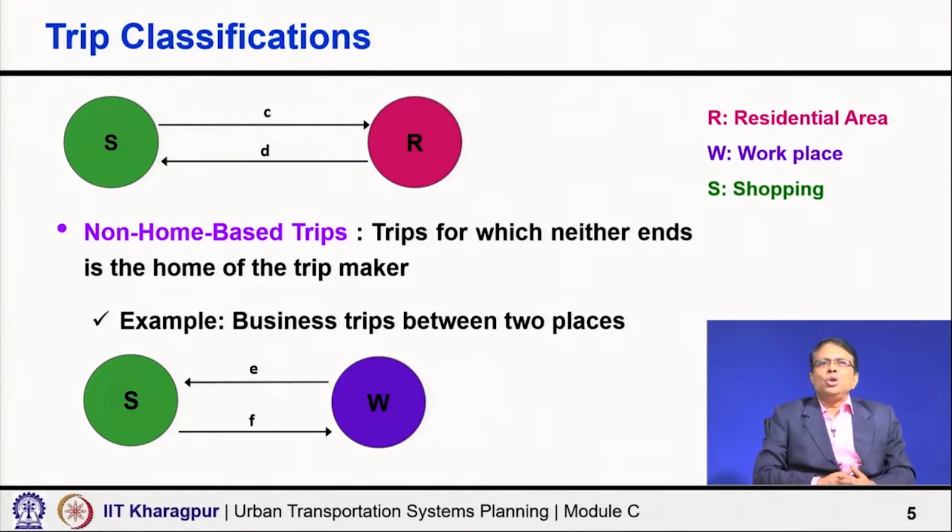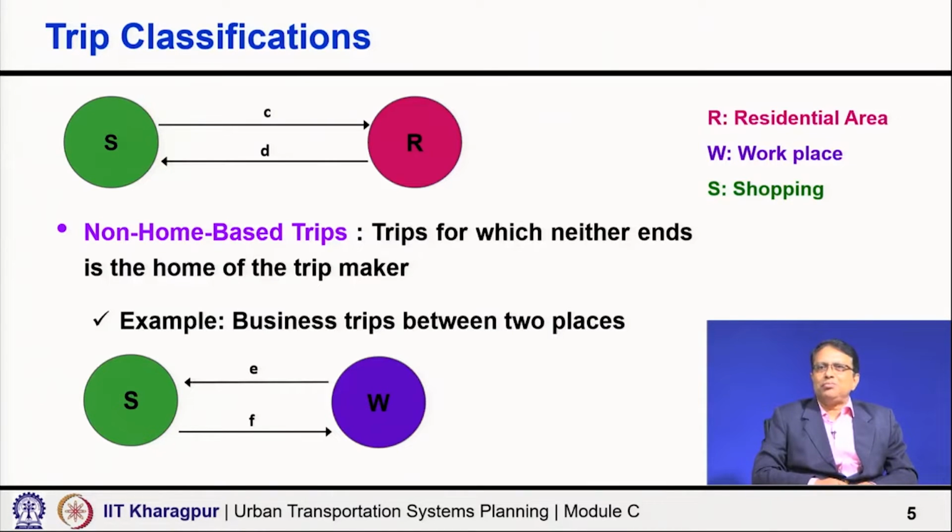The second is non home based trips. That means, in this case neither the origin nor the destination includes the home end. So, that is a non home based trip. Business trips between two places, maybe somebody is going to the corporate office and from the corporate office going to the manufacturing units and coming back, or from the corporate office you go to the office and from the office you go to the bank and come back.